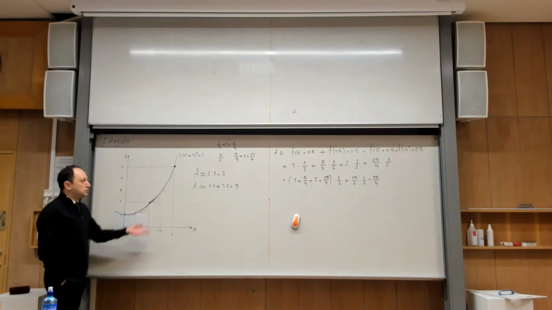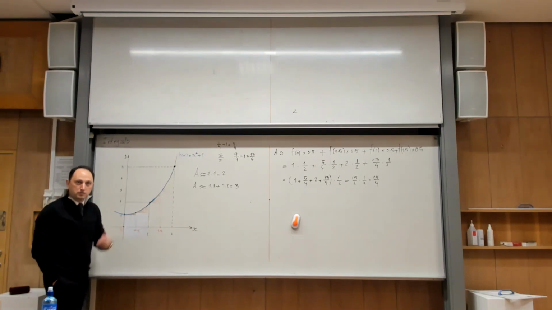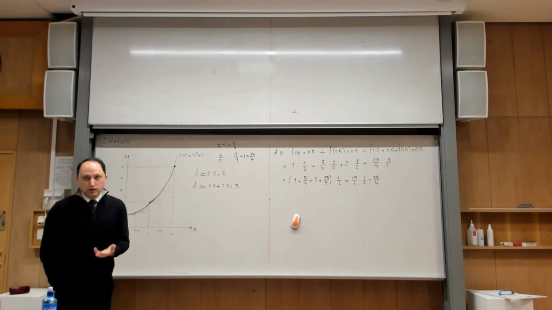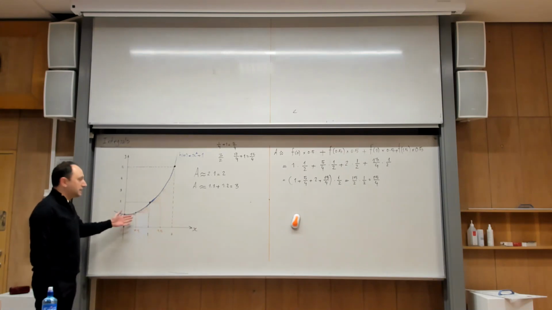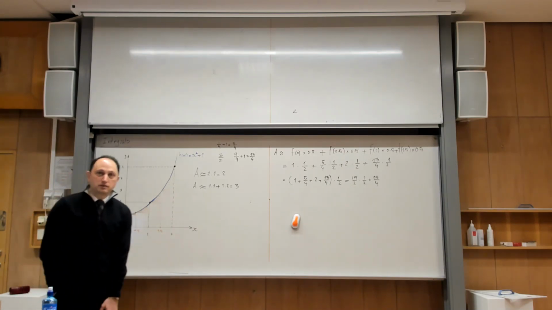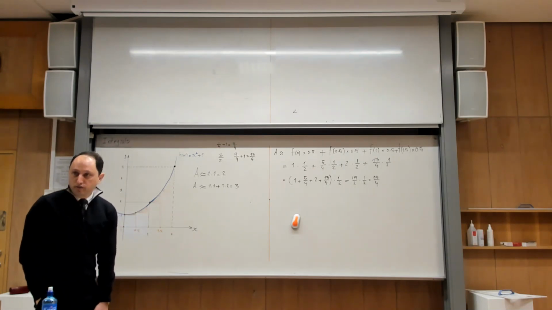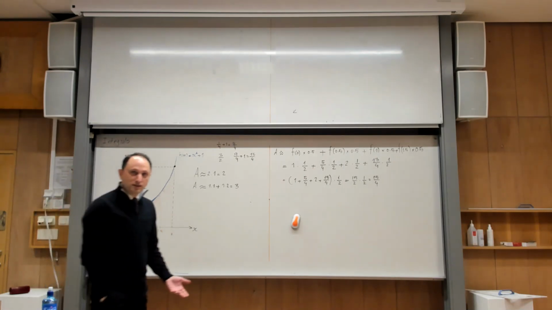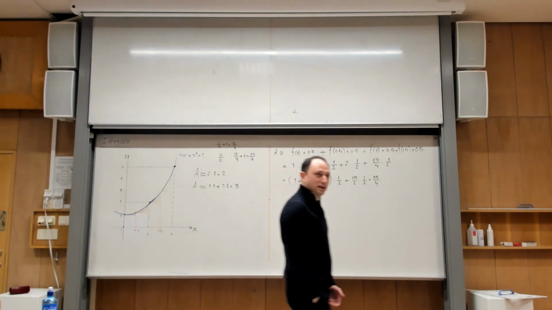Of course, if I do it with more and more rectangles, I am getting better and better approximations. But hopefully you agree with me, I will never get to the exact value unless I do it how many times? Infinitely many times.